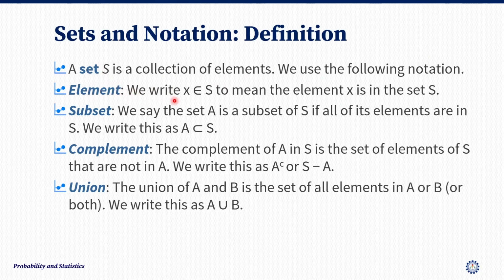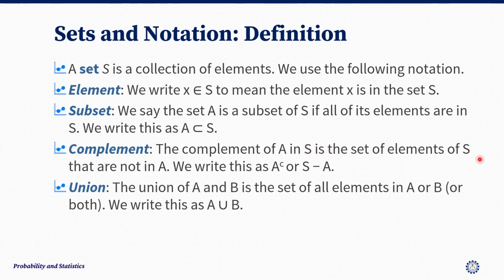We use the following notation: when we say element, we write x in S, which we read as the element x is in the set S. We also have the subset. We say the set A is a subset of S if all of its elements are in set S, and we write this as A subset of S.